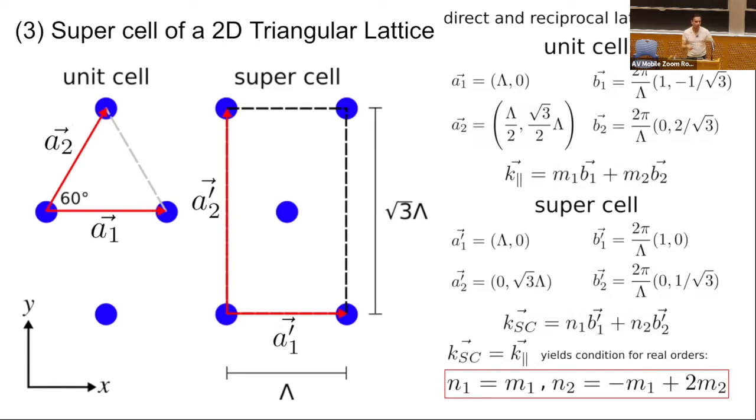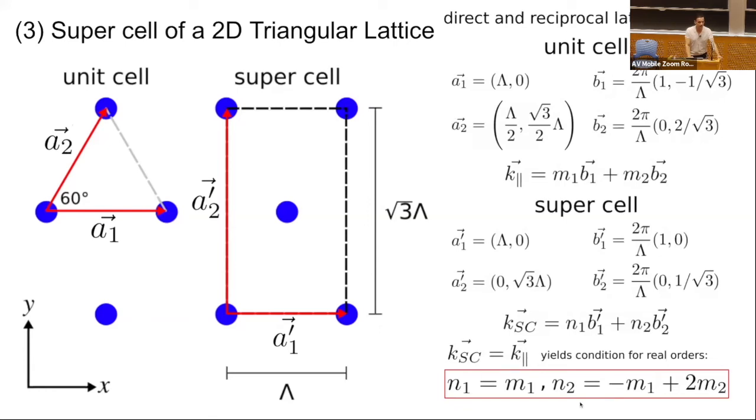You can go through the math and you end up at this very simple relationship. If you want to compute the diffraction orders specified by M1 and M2, these are the actual orders that you would need to compute using the supercell, you get N1 and N2.